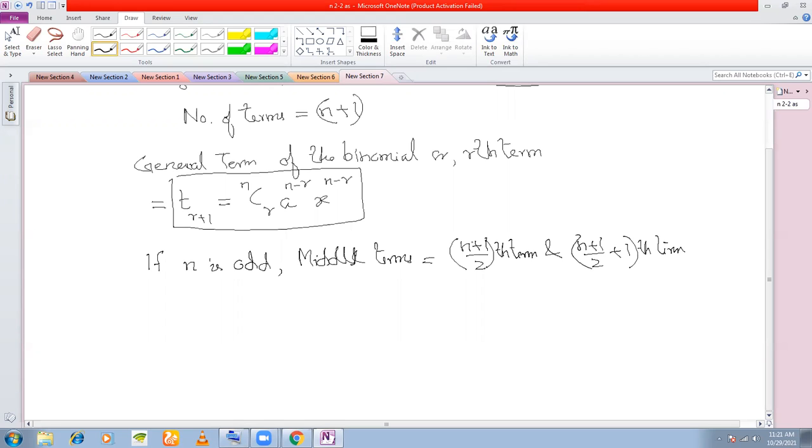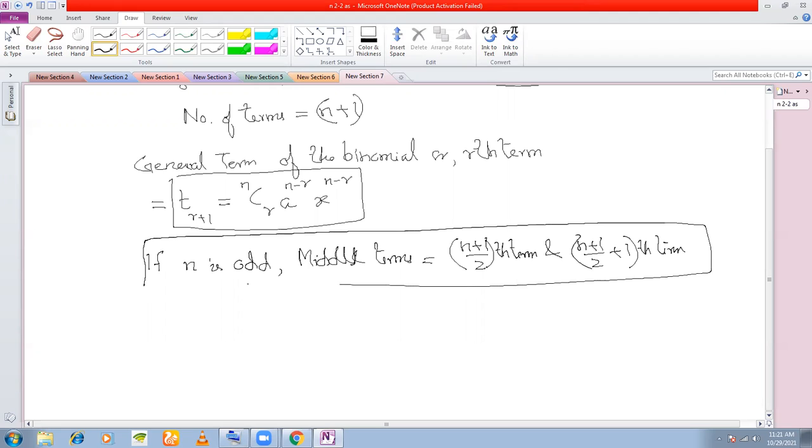Okay. Remember, if n is even, I had discussed this also last time, you have only one middle term. And what is that middle term? N by 2 plus 1th term. Remember.